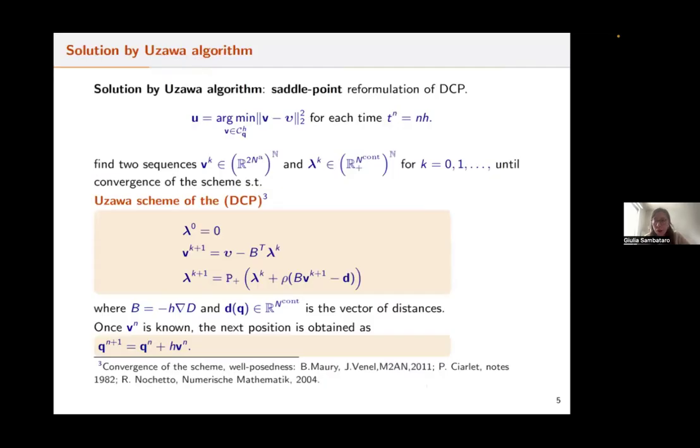Yeah, actually, I didn't talk about it, but in the theory of this algorithm, there is a range of convergence in terms of rho, and this range of convergence is application dependent. So it depends on your problem. For my problem, I had a certain range of the type 0 to rho bar, where rho bar is a positive maximum rho that I could pick, and this rho in my application was strictly dependent on the constraint matrix B. If you pick your rho inside the range, you have a convergence of the scheme.